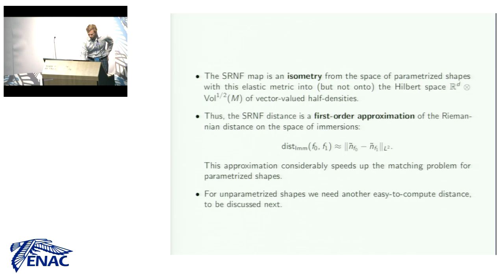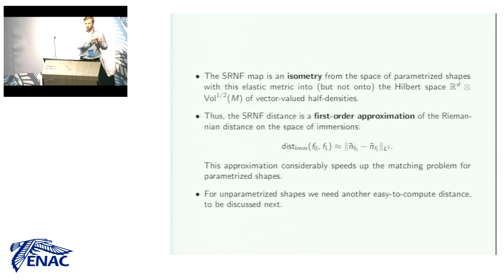Now the main advantage of this construction is that this square root normal field is a Riemannian isometry. It's an isometry between Riemannian manifolds. And I can use this isometry to construct a numerically very cheap, and by that I mean efficiently computable, approximation of the Riemannian distance function. So what do I do? I have two surfaces, f1 and f2.